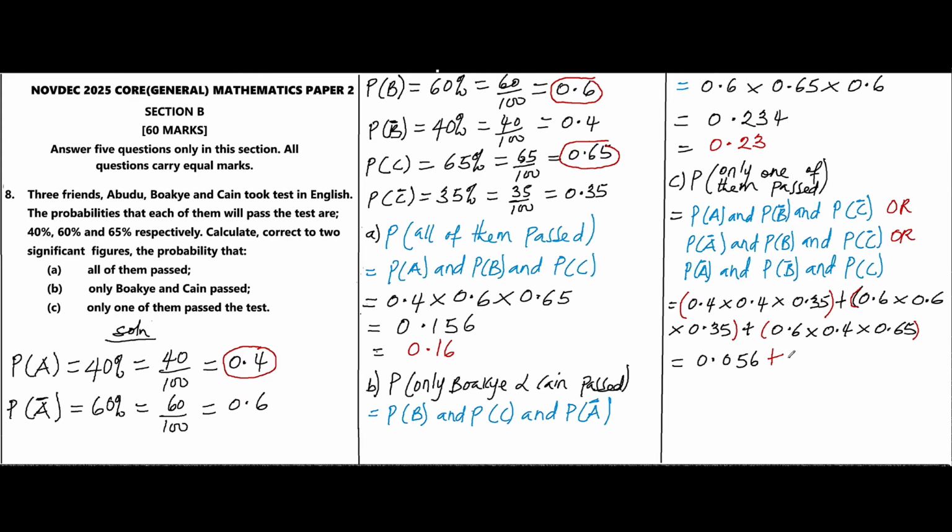So this one gives 0.126. And then lastly, the last bracket, 0.6 multiplying 0.4 multiplying 0.65.